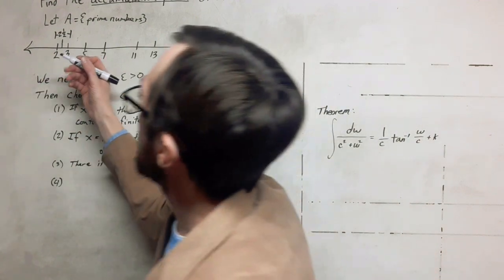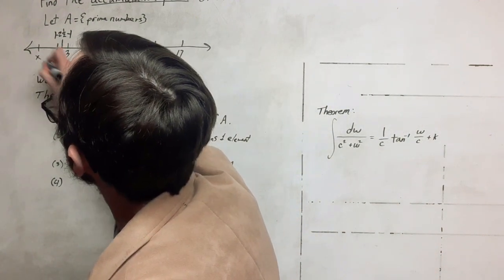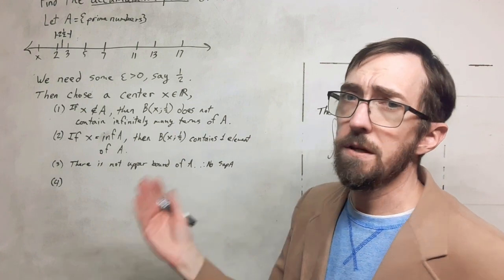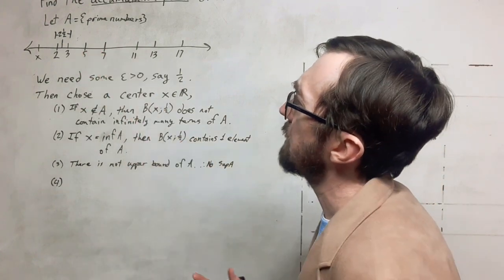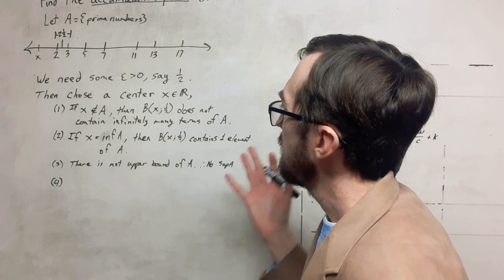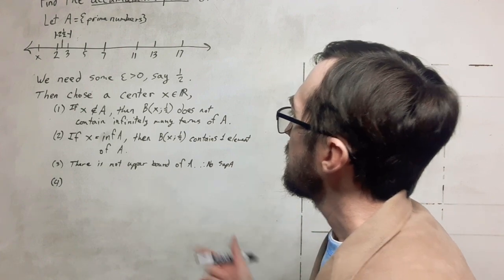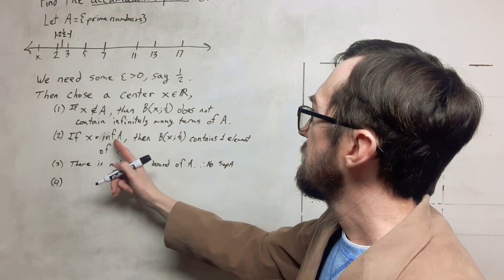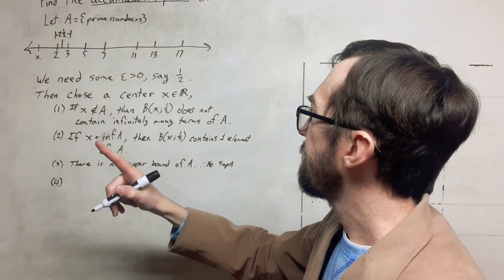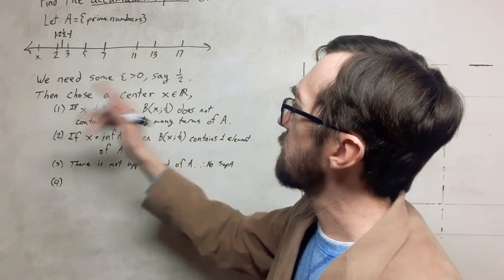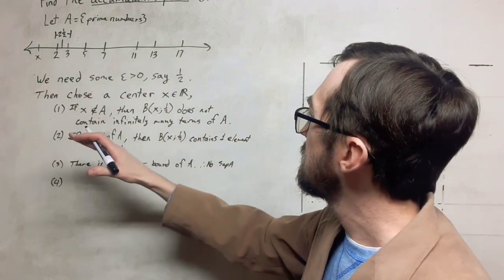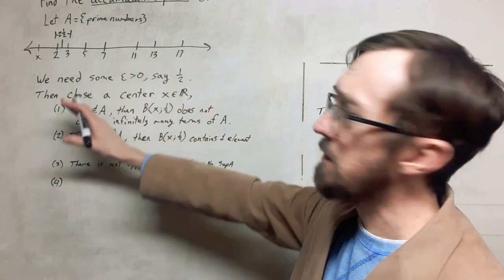If you would have chosen your x, say, out here somewhere, well, you may not even be this close to a prime number. All right? So that's not working for us. So option 2, let's suppose that x is the infimum of A. So in other words, the smallest value, the greatest lower bound.